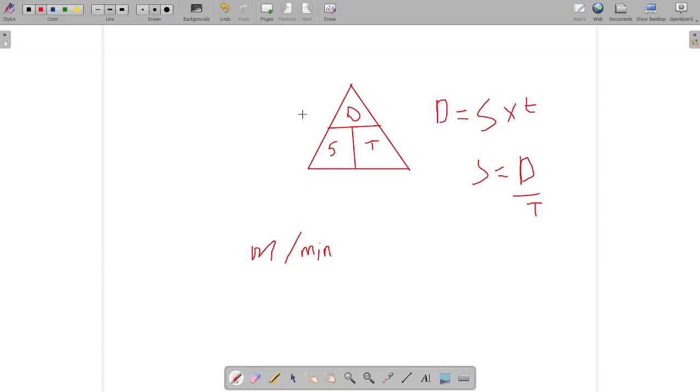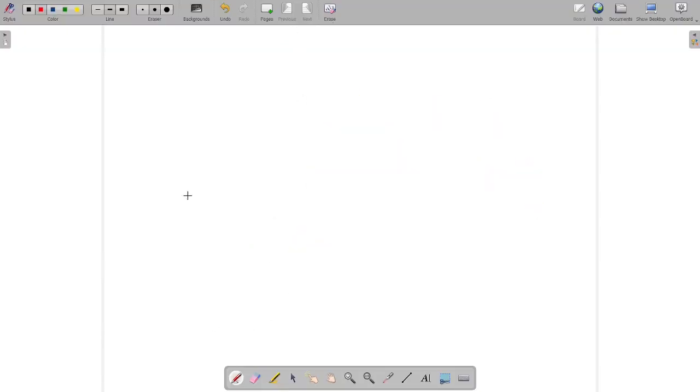So let's do this one, which is 12 times 16. So we can change the 16 into 2 times 8.